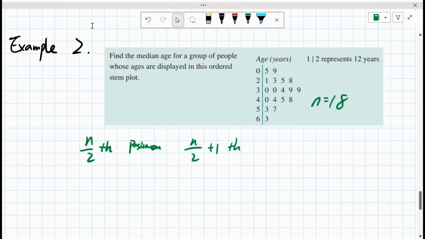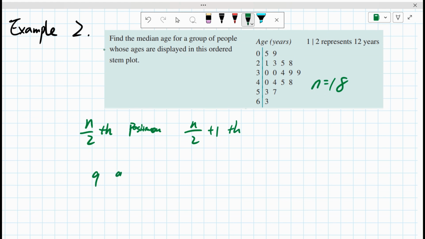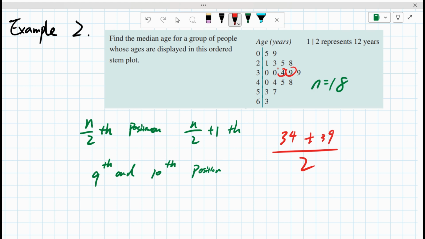Those two will be the 9th and 10th positions, which means 1, 2, 3, 4, 5, 6, 7, 8, 9, and 10. So that'll be 34 and 39. You add them together and divide by 2, and that equals 36.5, which is your median.